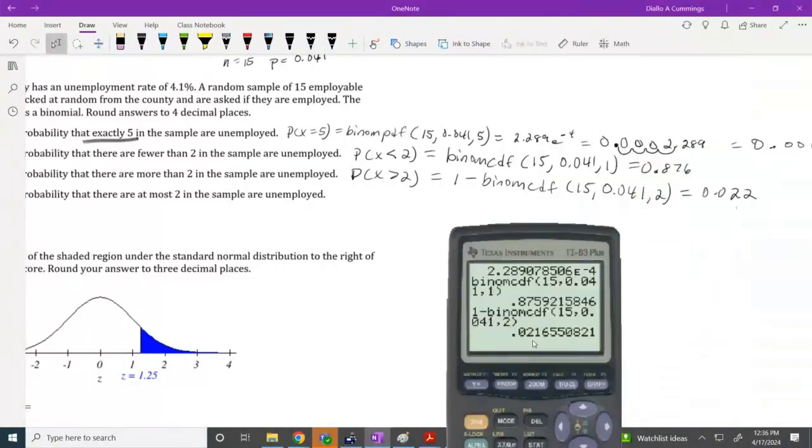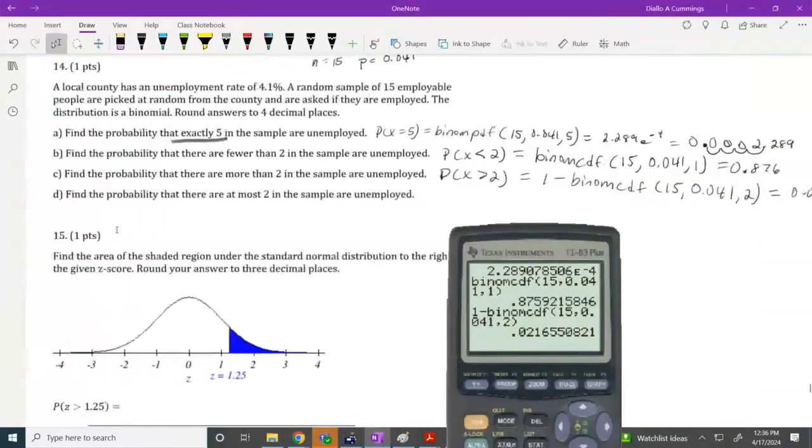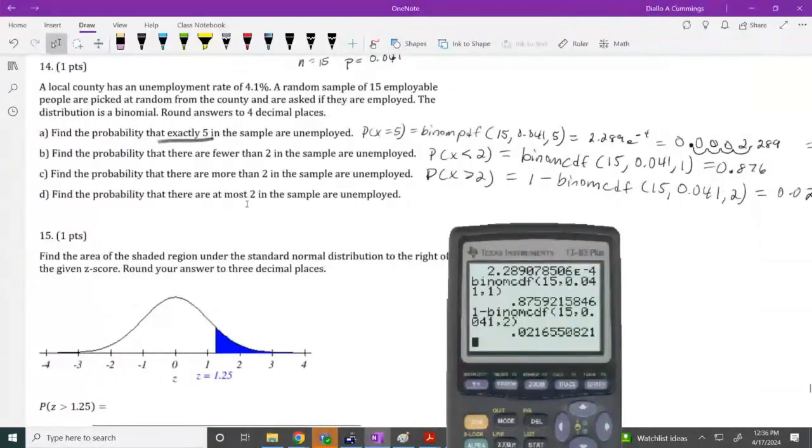0.022. Now the last one says find the probability that there are at most 2 people in the sample. At most 2 means that there can be 0 people, 1 person, or 2 people, right? Because it didn't say fewer than 2, it says at most 2.